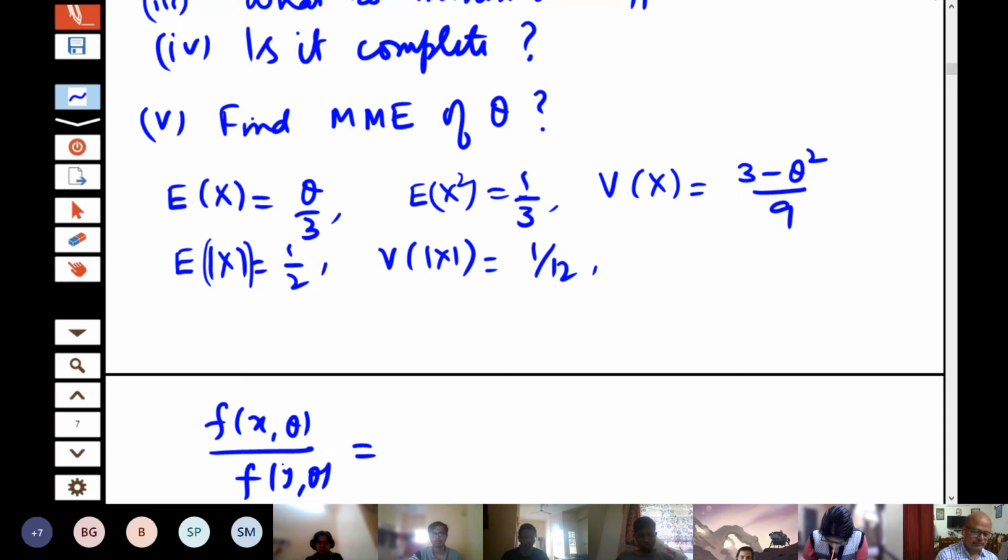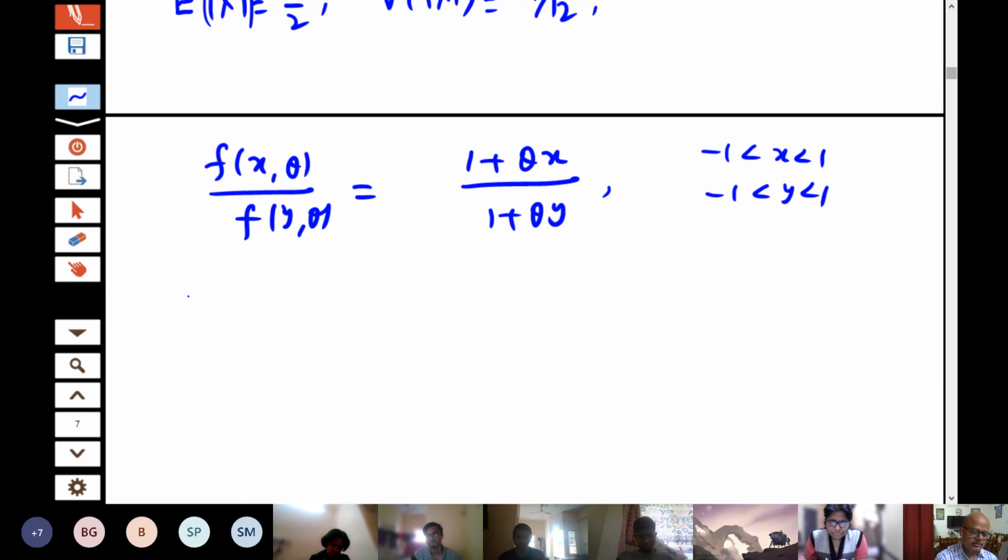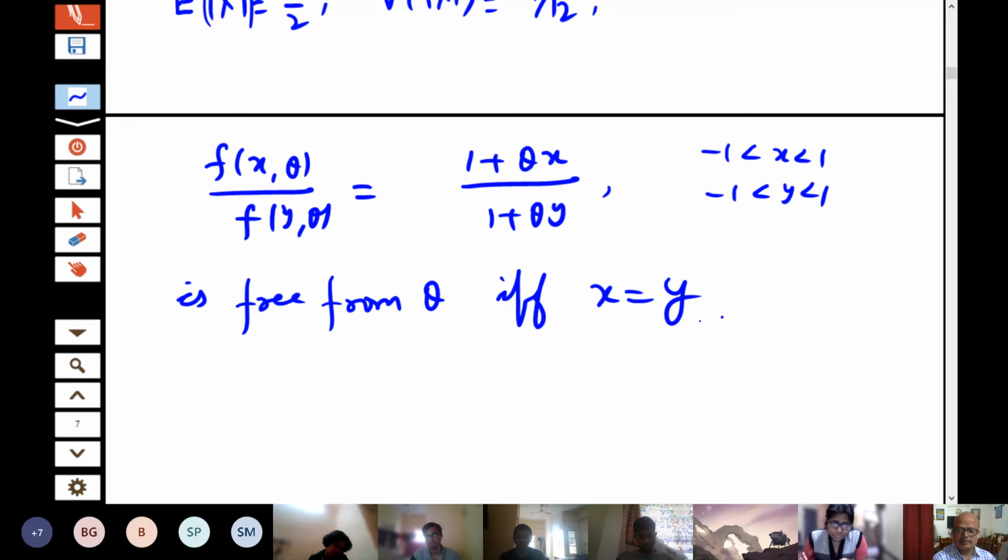In the domain of definition, it is equal to 1 plus theta x by 1 plus theta y, where I am taking the domain of definition as minus 1 less than x less than 1, minus 1 less than y less than 1. Because in other places there is an issue, so I won't write that. So this is free from theta if and only if x is equal to y, isn't it? So x is minimal sufficient.